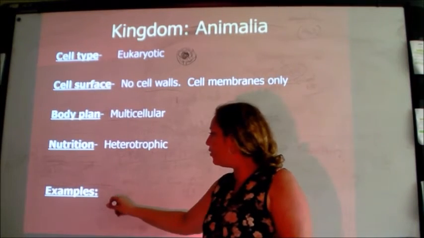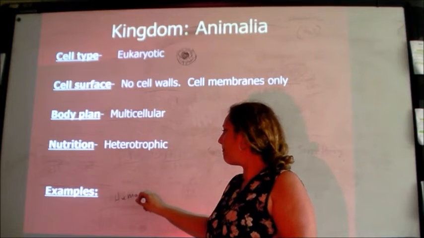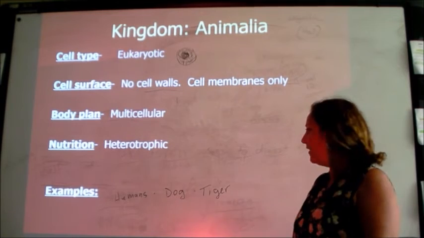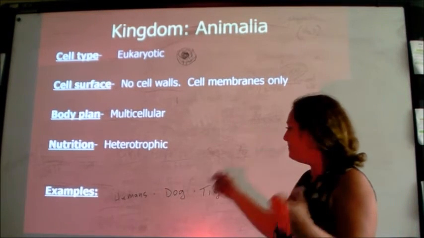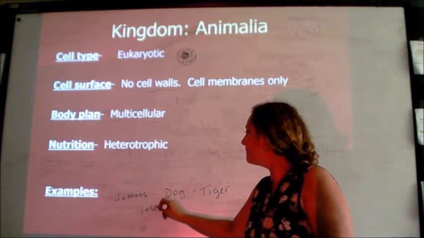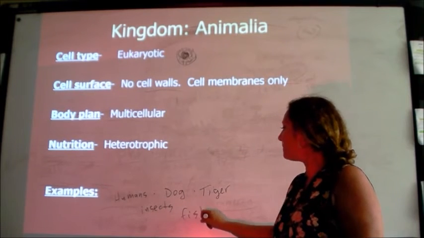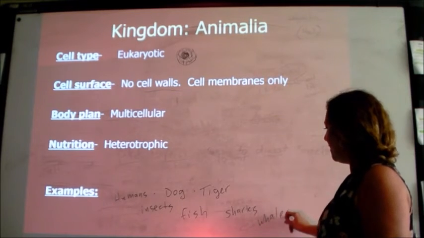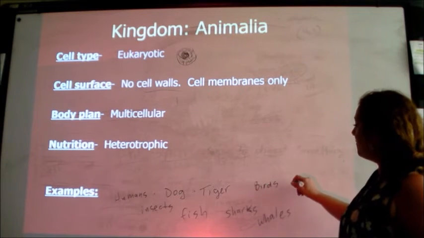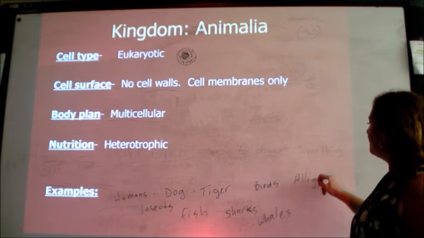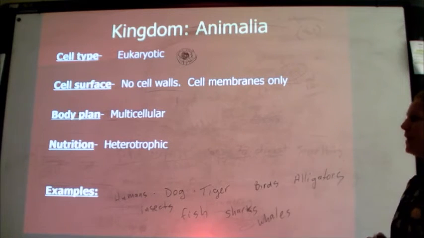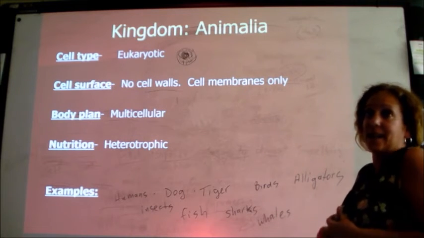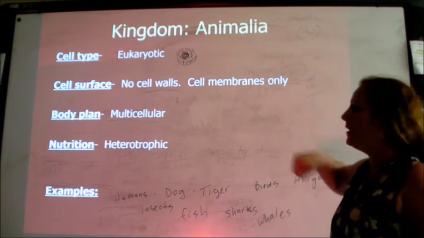Examples of animals: humans, dogs, tigers, insects, fish, sharks, whales, birds, alligators. So anything that's not a plant, anything that's not a mushroom, anything that's not a bacteria, and anything that's not a protist is going to be an animal.